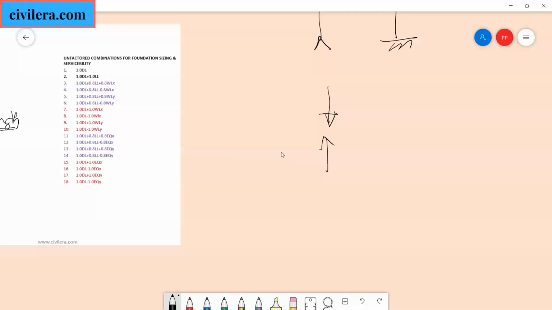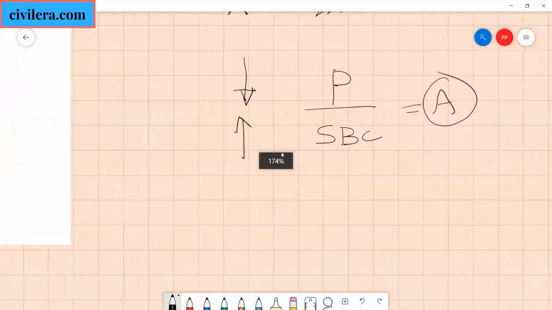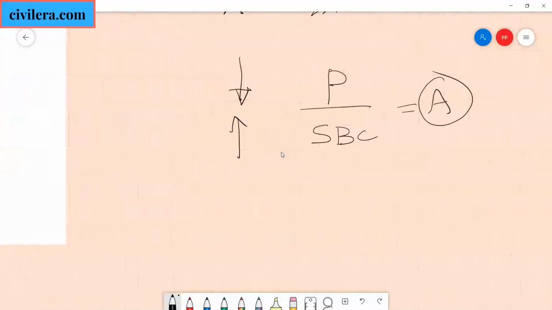So you provide a footing there, and load by SBC is going to give you the area required for the footing. In case you have fixed, you have to take care of the moments as well. That we will see in a different webinar. So here, this load on the column is unfactored.